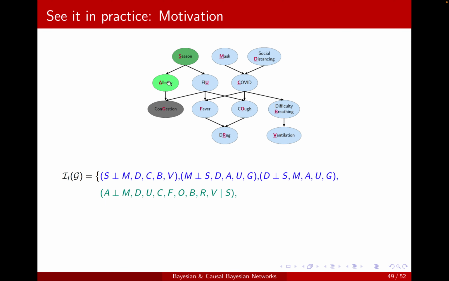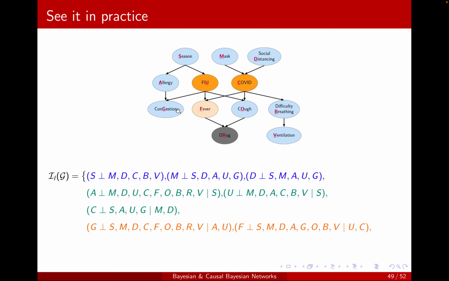And then for allergy, I do the second layer for you as well. Allergy, conditioned on its parent season, will become independent of its non-descendants. The descendant is this one, black, so all these others should appear here. And you can do the same for flu and COVID.